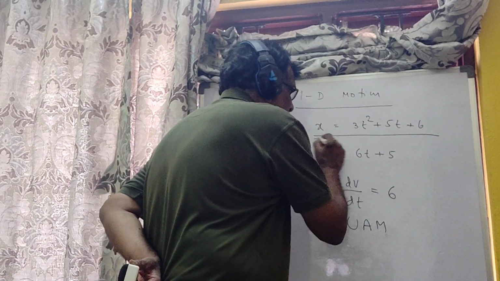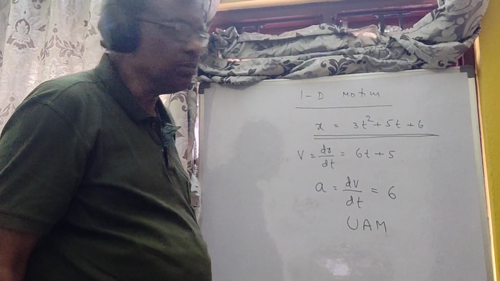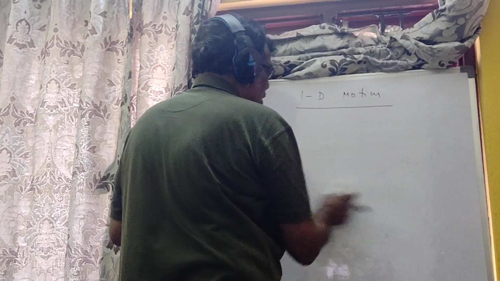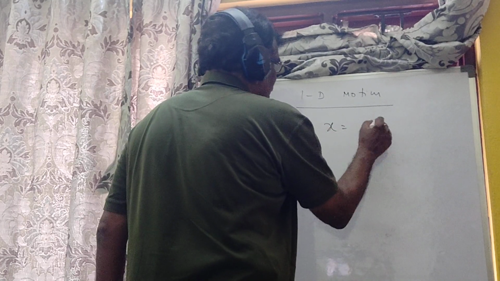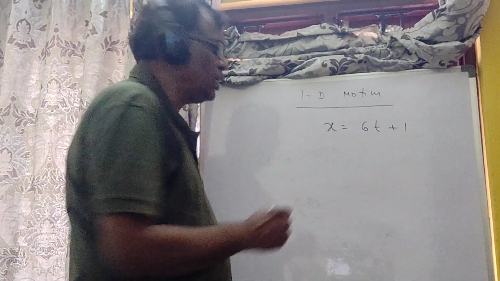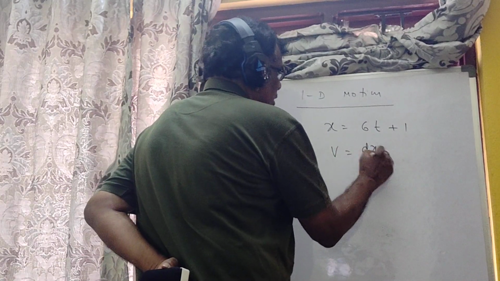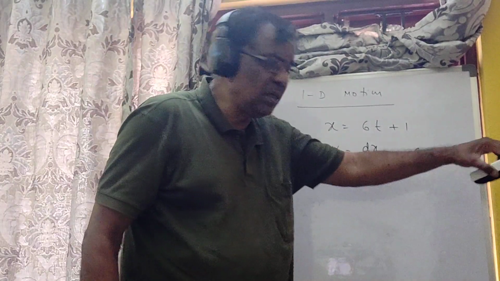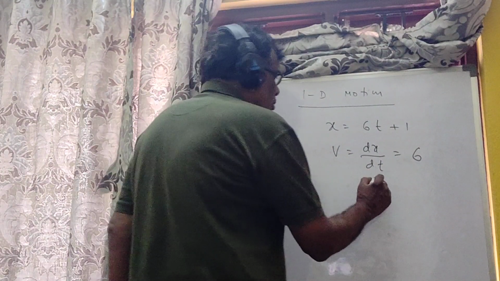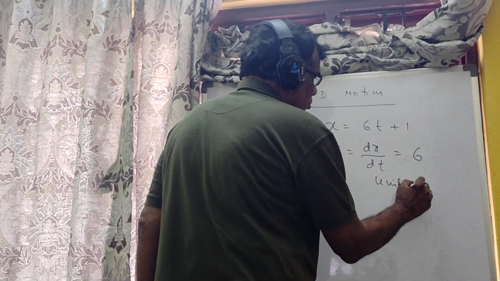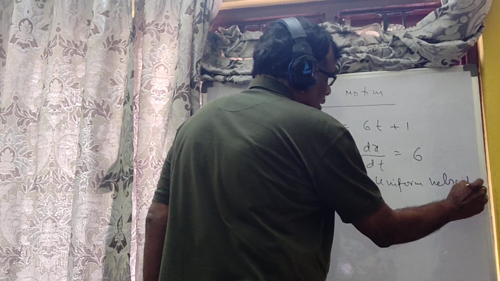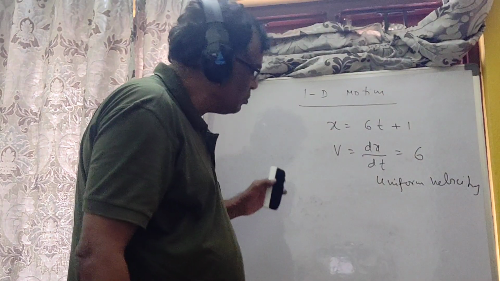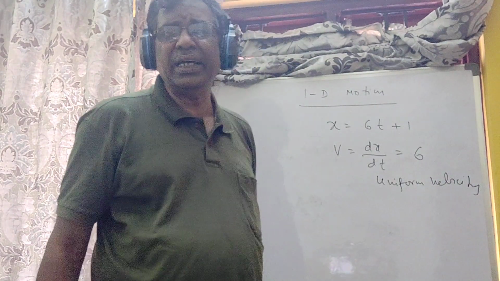And if I take x as a linear function of time, let us say 6t plus 1, what is velocity? Now you can directly tell me dx by dt is equal to 6. Now velocity is not a function of time. So this is a uniform velocity. That means this is 1D motion without any doubt, and it is moving unidirectionally.